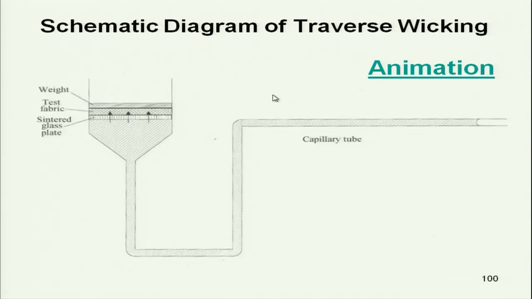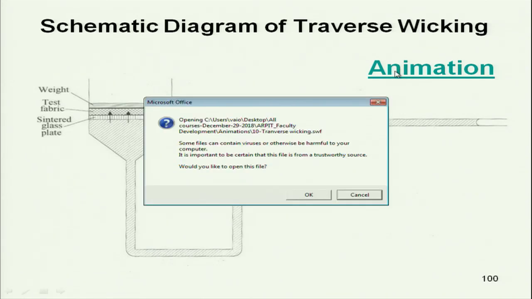This is the transverse wicking system, where a sintered, perforated plate is used over which the fabric is placed. This is the water source, and depending on the water uptake and movement, this meniscus will move from right to left, and from this we can measure the volume of liquid transmitted per unit time.